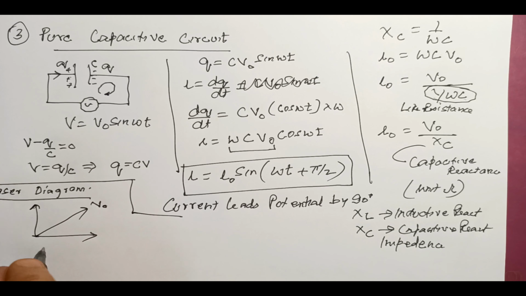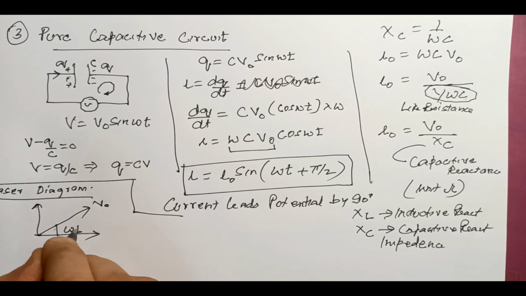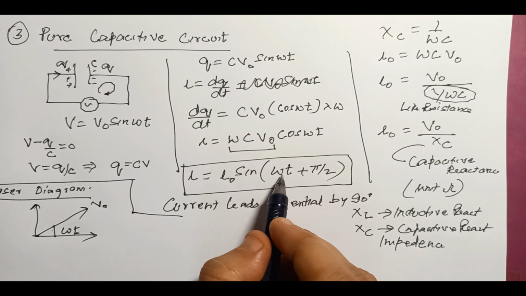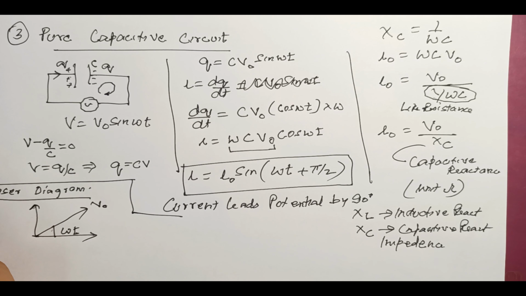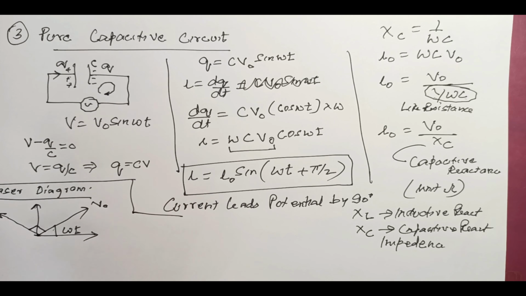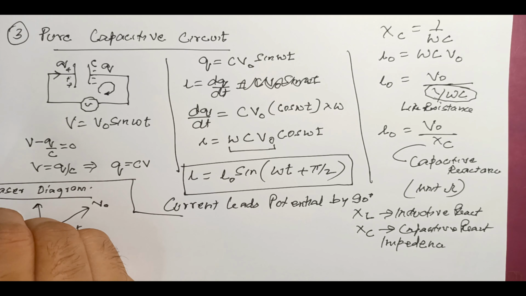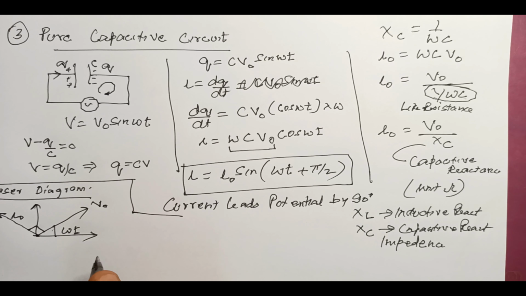This angle is omega t, and the current is at omega t plus pi by 2. So omega t is already there, plus pi by 2 is something like this, 90 degrees. This is correct, right?